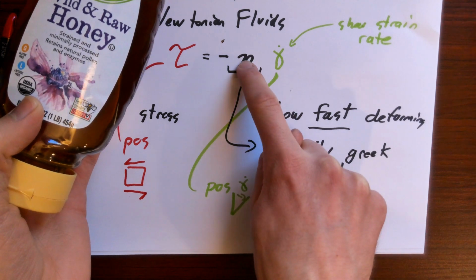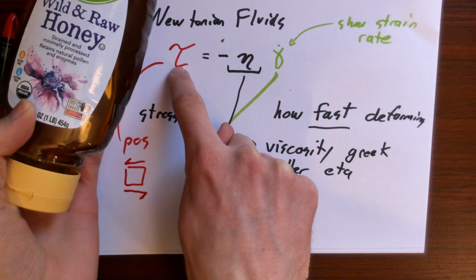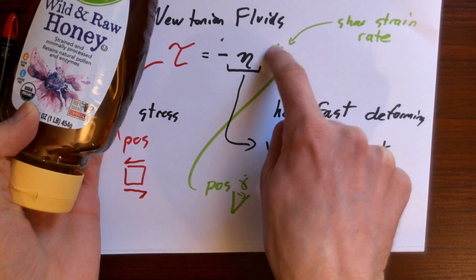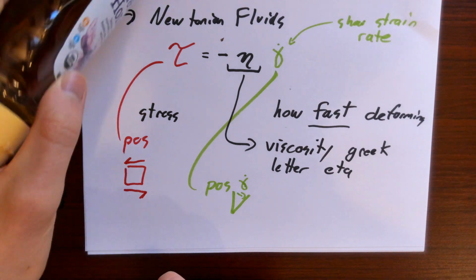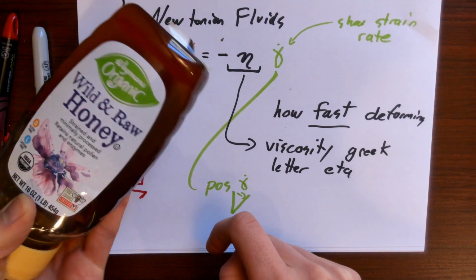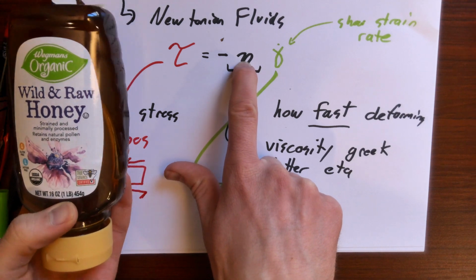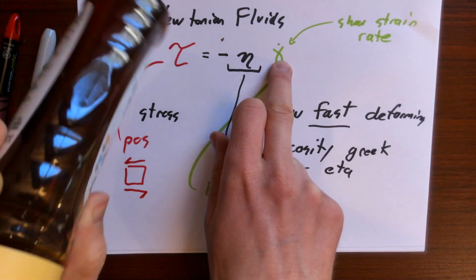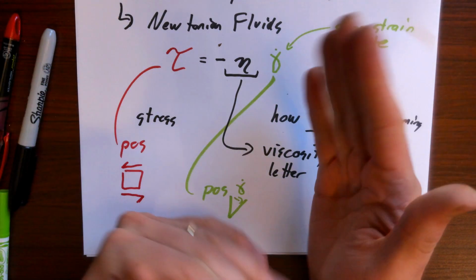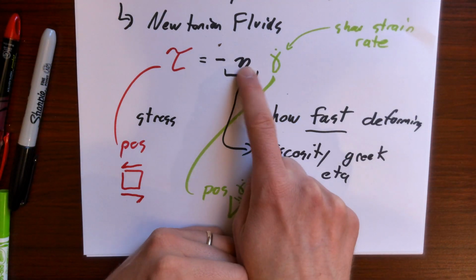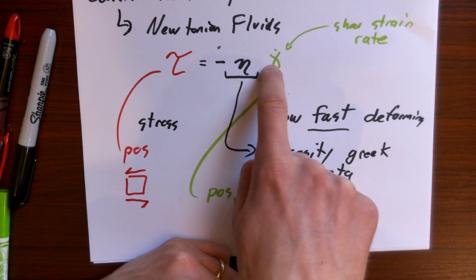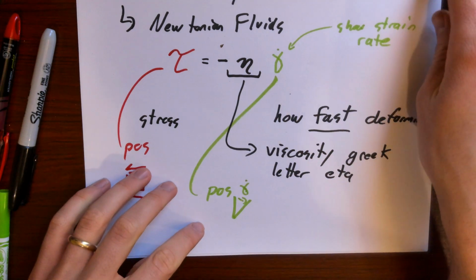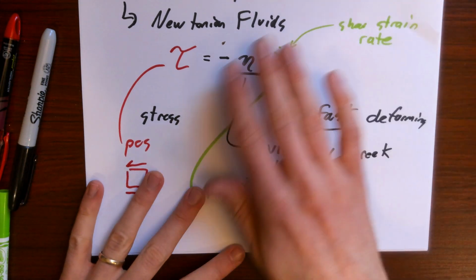For honey, with a very high viscosity, we need a lot of shear stress to support even a moderate shear rate. Whereas something like water or air has a very low viscosity, so we need very little shear stress to scale up that shear strain rate.